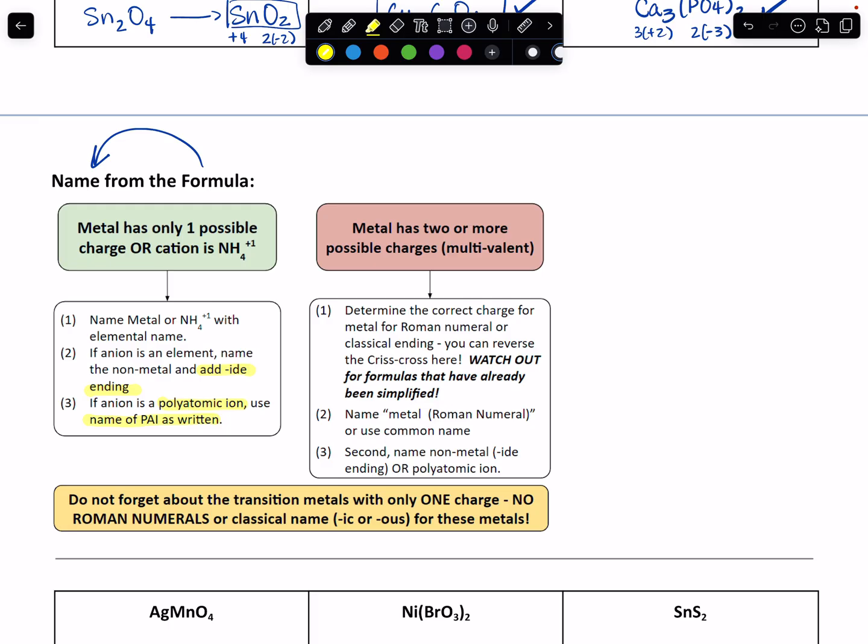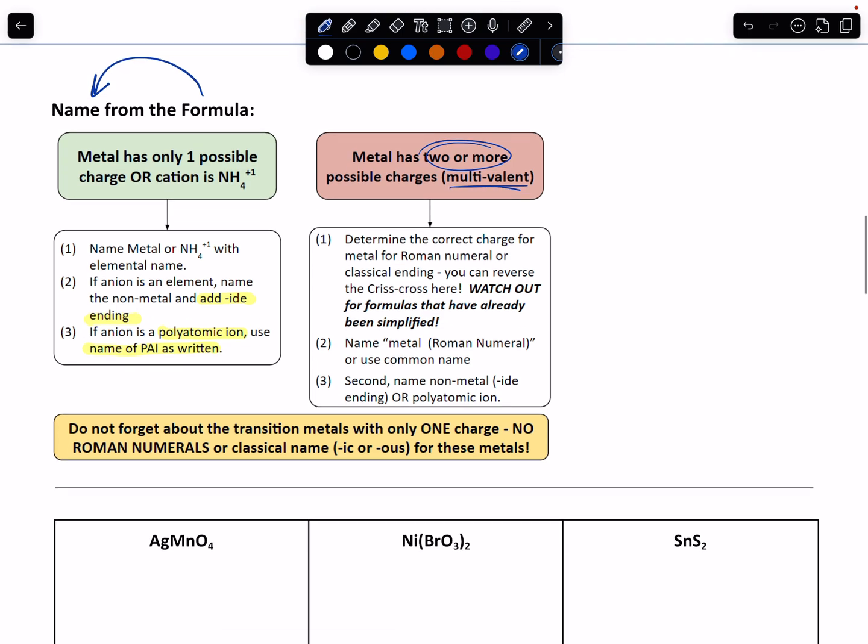If instead you have a particular metal that has 2 or more possible charges, so these are our multivalent metals, the first thing you have to do is figure out what the charge is on this metal. You can reverse the crisscross. I think that is the easiest way to do it, but you have to watch out for these already simplified formulas.